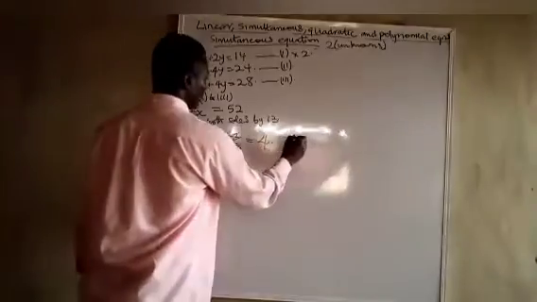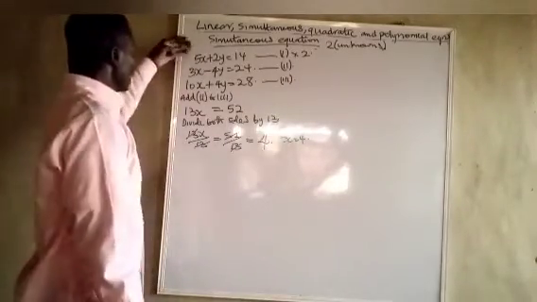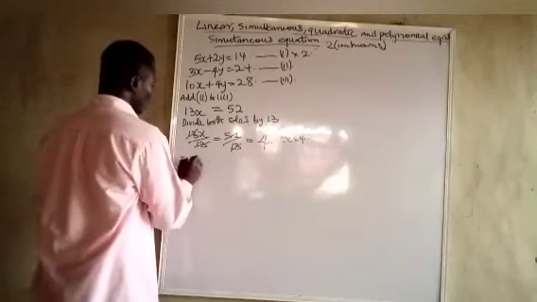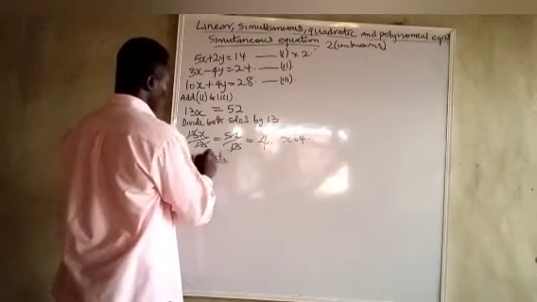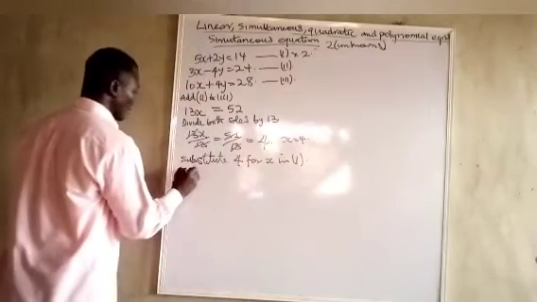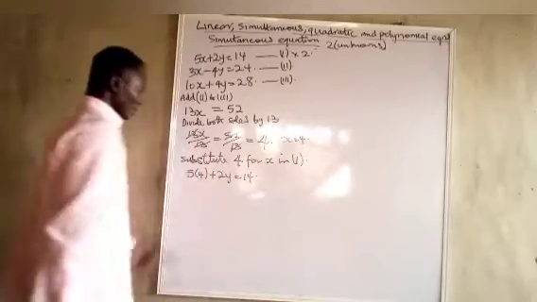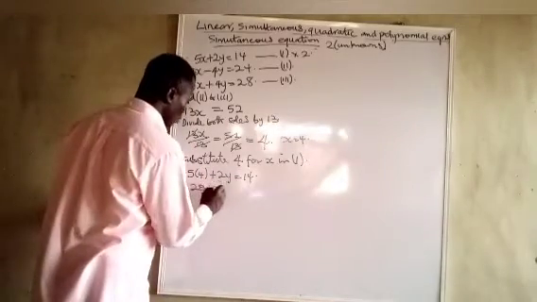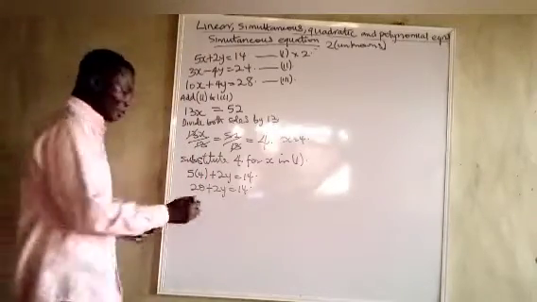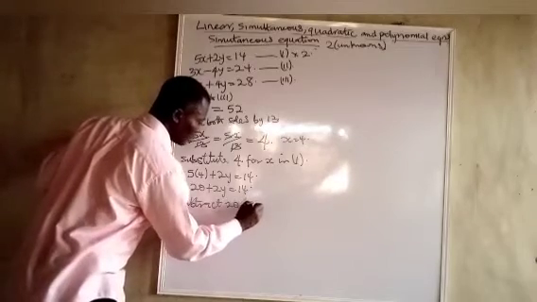So x equals 4. Now to find y, it's very easy. I will just substitute 4 for x in either of the equations. So I can now say substitute 4 for x in 1. So what does that mean? I'm going to have 5 times 4 plus 2y is equal to 14. And this gives me 20 plus 2y equals 14. Now to solve this, what do I need to do? I will need to subtract 20 from both sides.